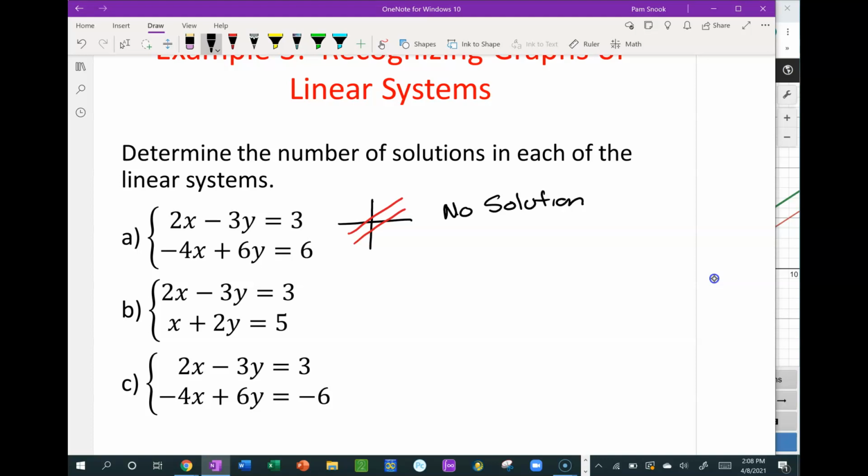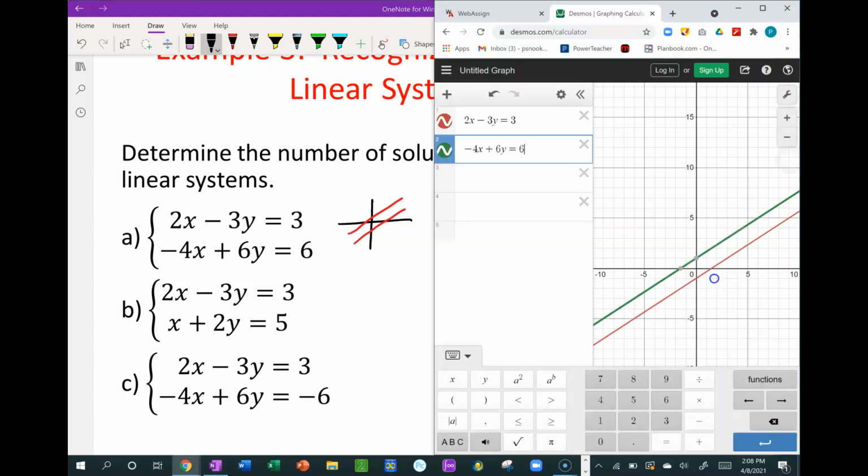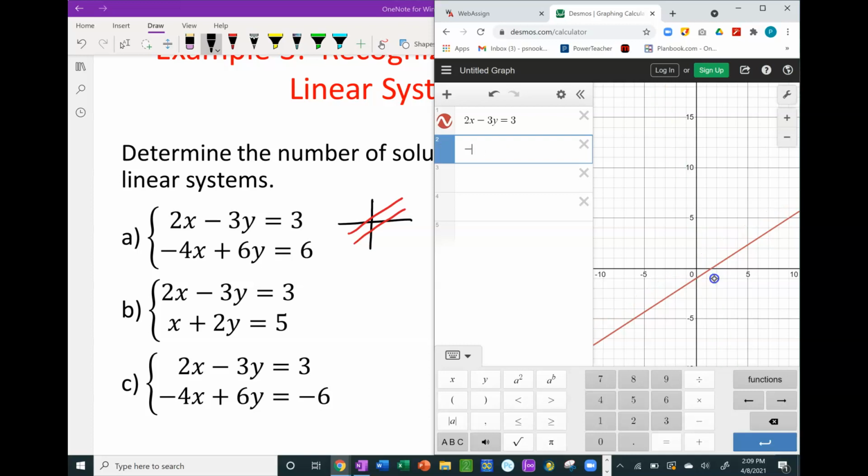All right, let's look at the next one. I have the same 2x minus 3y equals 3, but this time I have x plus 2y equals 5. So let's put that one in. X plus 2y equals 5.